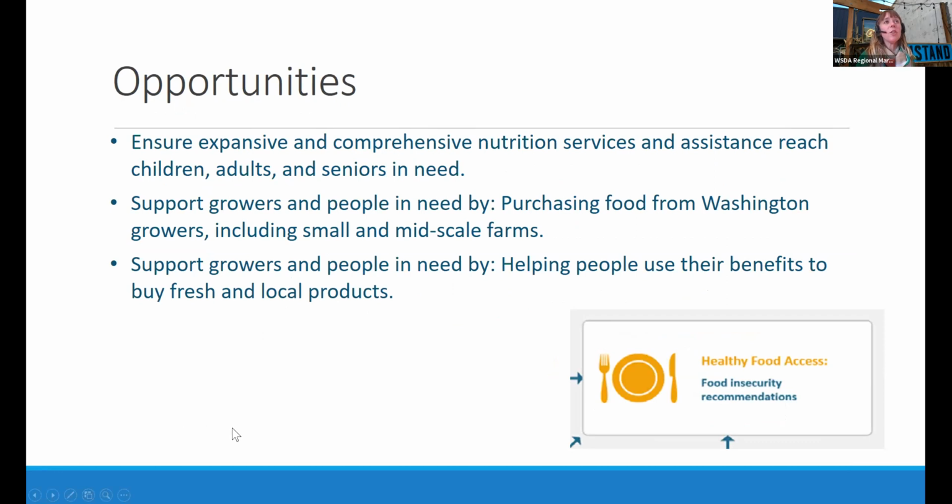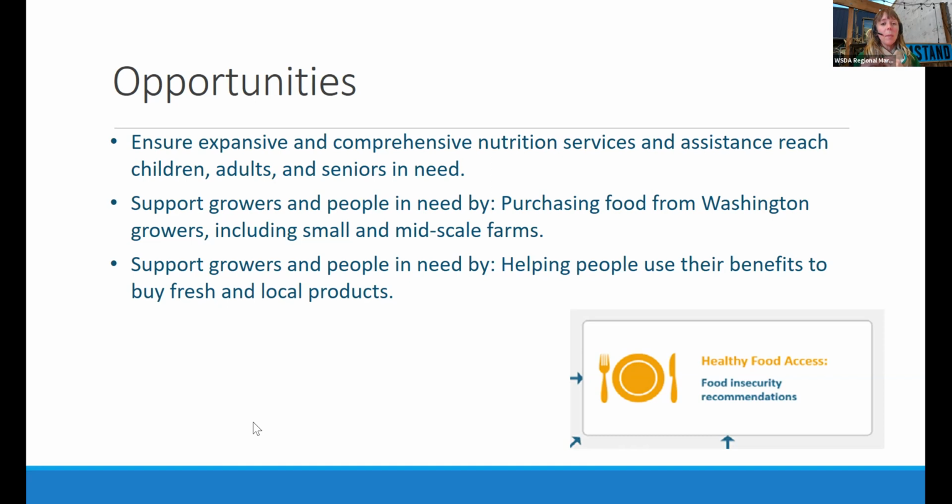And so there's a need to really look at the ways in which we deliver those nutrition services. Is it about relying on and quickly mobilizing to get more food through food banks? Is it about increasing SNAP benefits or expanding those types of benefits to more individuals?